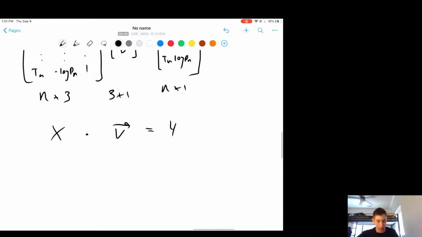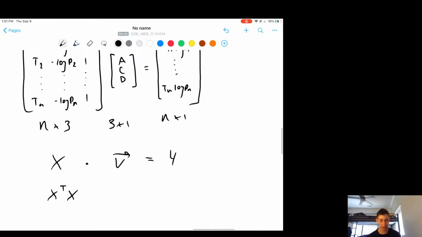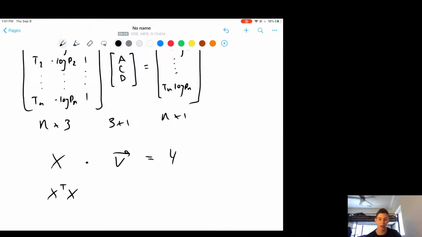So what we need to do to get this vector v by itself is multiply the design matrix by its transpose, so it can turn into a square matrix, because we cannot take the inverse unless it is a square matrix, and that is the equivalent of dividing with matrices.